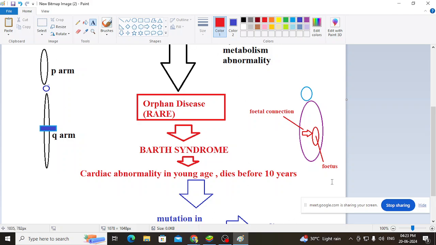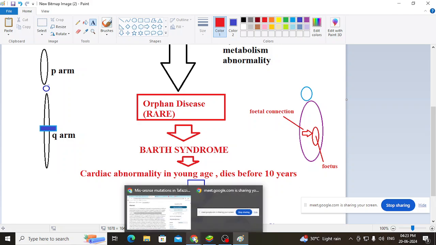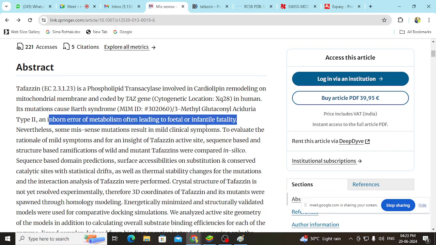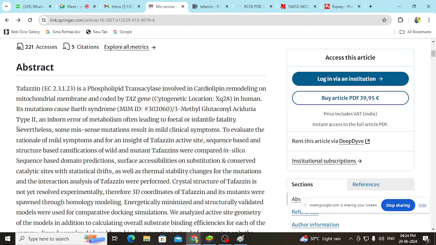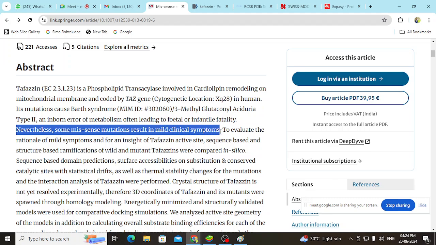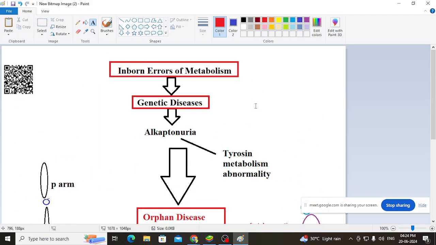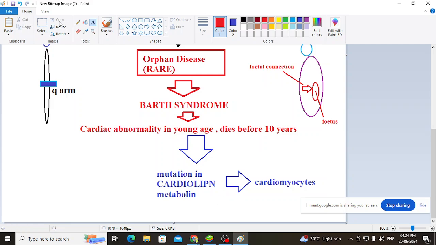Infant age means before 6 months, or before 6 years, the patient will usually die. But in some cases it leads to mild clinical symptoms. Mild clinical symptoms mean the patient will eventually die, but may survive up to 10 years.